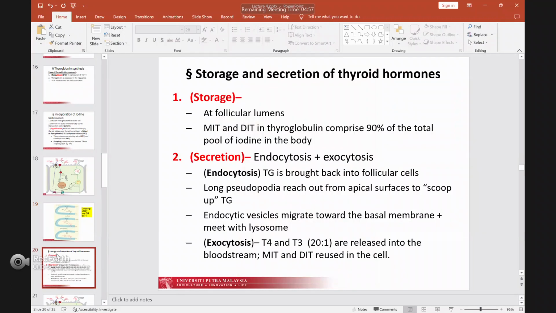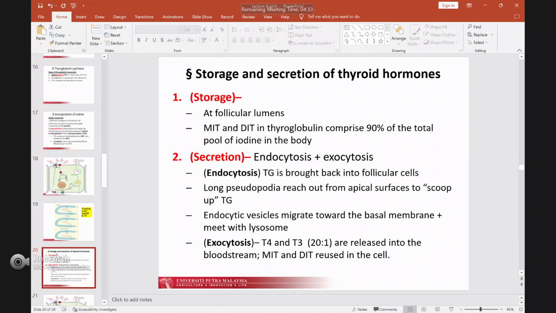Then the storage and excretion of thyroid hormone is at the follicular lumen. The follicular lumen is the colloid. MIT and DIT in the thyroglobulin comprise about 90% of the total pool of iodine in our body. Actually, most of our iodine is stored in the thyroglobulin. It just needs time before it can be converted into thyroid hormones.